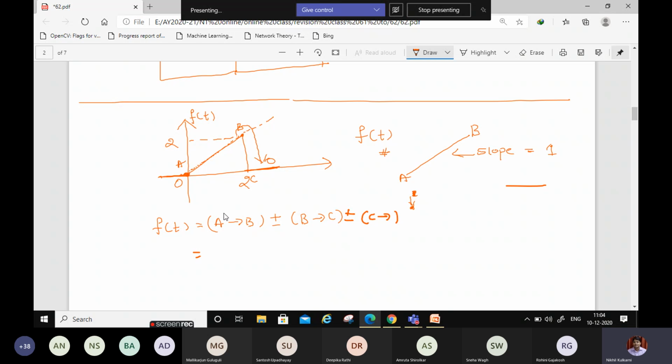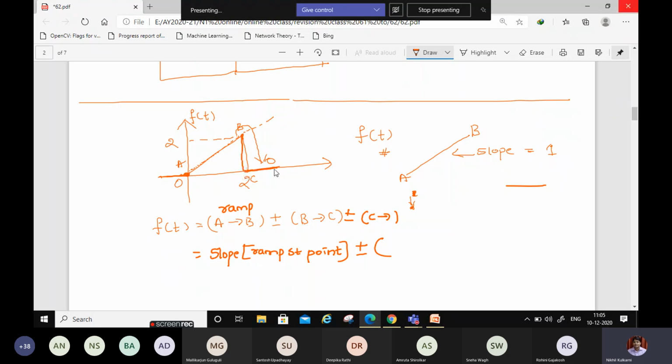So A to B, we have a ramp signal here, right? So how do you write it? Slope multiplied by that ramp, with the ramp starting point. Then plus or minus B to C. Now B to C, you are going down, you are stepping down.